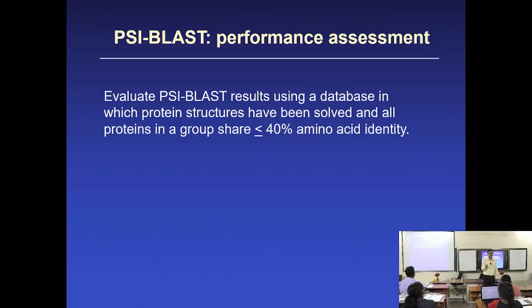But how to validate PSI-BLAST? PSI-BLAST is a powerful method for identifying distant homologs, which means you would want to consider proteins that are less than 40% or 30% identical, but their structures have been solved, and when those structures are superimposed, there is a high similarity at the structure level, okay? So, likely homologs, even though less than 30% identity at sequence level, because structures are so similar, they are likely homologs.